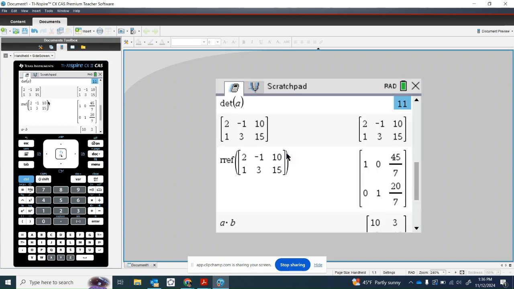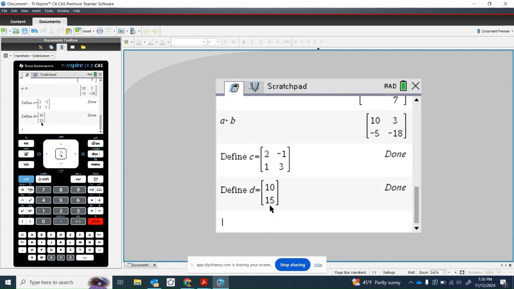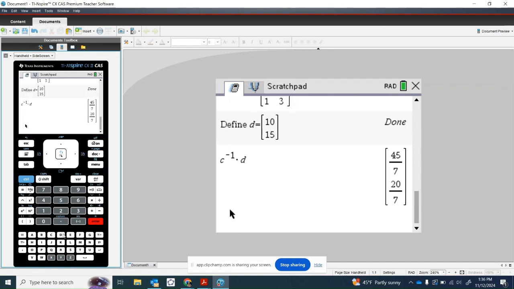And our solution was 10, 15. So the way you did it old school linear algebra is you take the inverse of C, so C to the -1 power, and then times it by D. Times it by D. And you'll get the same answers. 45 over 7, 20 over 7.